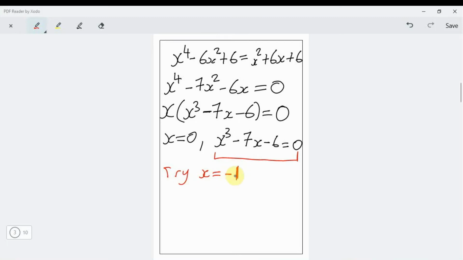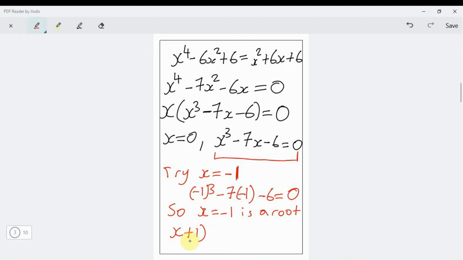So when we try x as negative 1, we saw that negative 1 cubed minus 7 times negative 1 minus 6 did give us 0. And so x equal negative 1 is a root. If x equal negative 1 is a root, then x plus 1 is a factor.